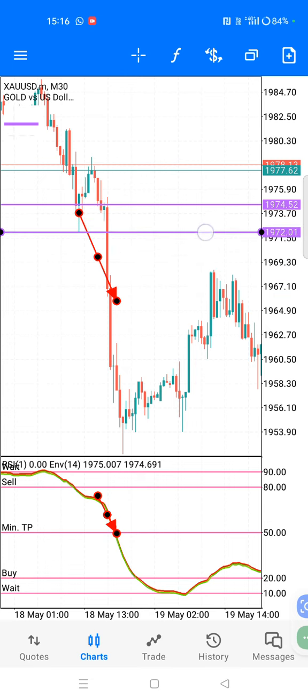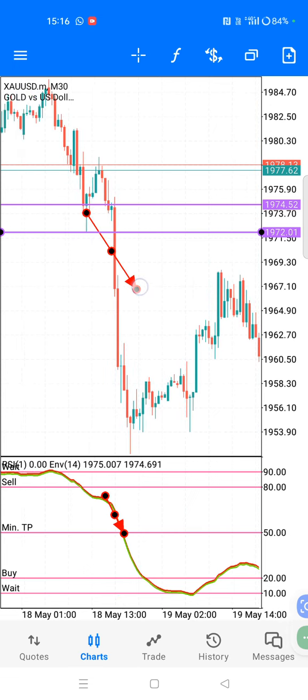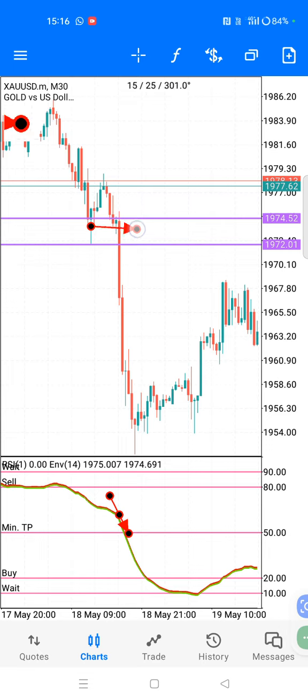Let's say after this doji, it went to this long bearish candlestick. Move your stop loss. Do not lose money. Even if, after this long bearish candle, it suddenly goes back up, at least you earn some, about $2, if you trade on 0.01 lot.